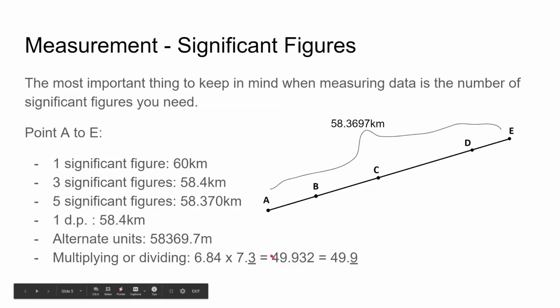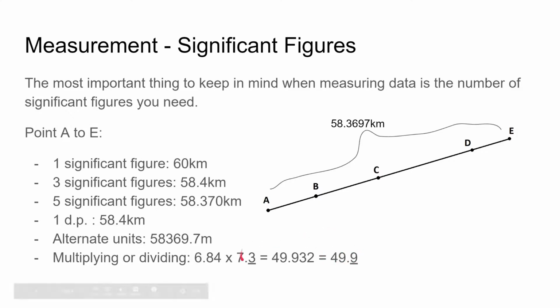So what happens is when we're giving our answer, we look at the numbers that we plugged in before. We look at the number with the fewest amount of significant figures, which as you can see here is underlined, and that number is 7.3, right? And we count how many decimal places it has been given to, and we take that number and write our answer with the same amount of decimal places.